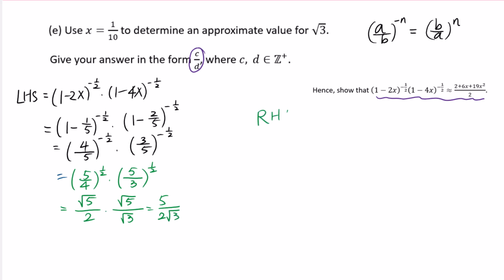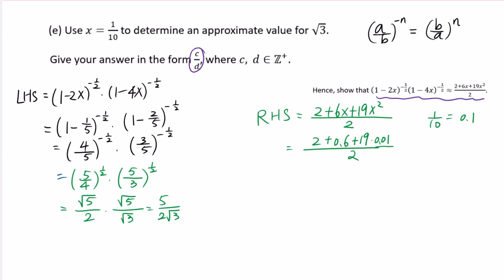Right hand side equals 2 plus 6x plus 19x squared over 2. 1 over 10 equals 0.1. So we get 2 plus 6 times 0.1, which is 0.6, plus 19 times 0.01, over 2.